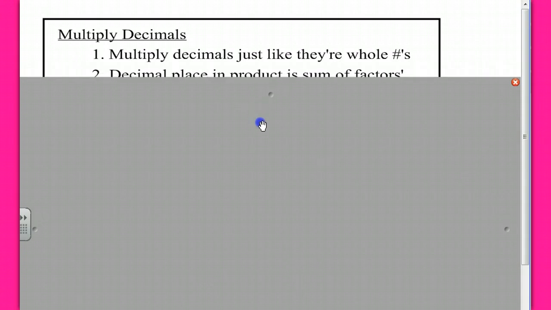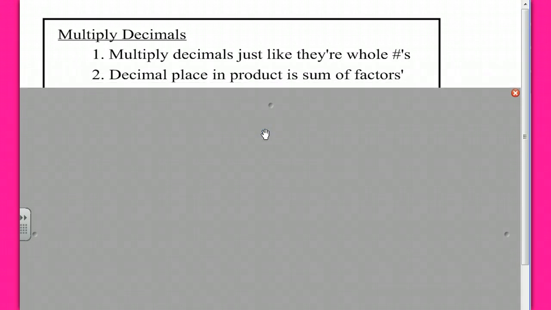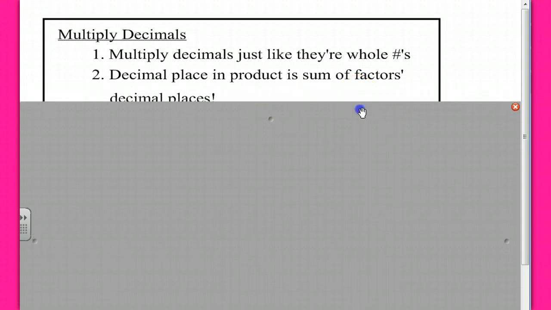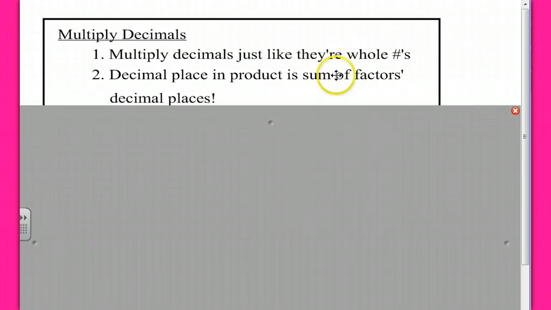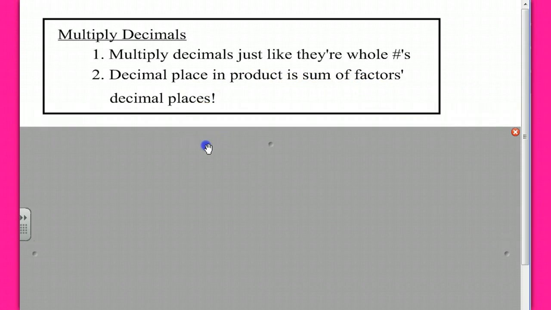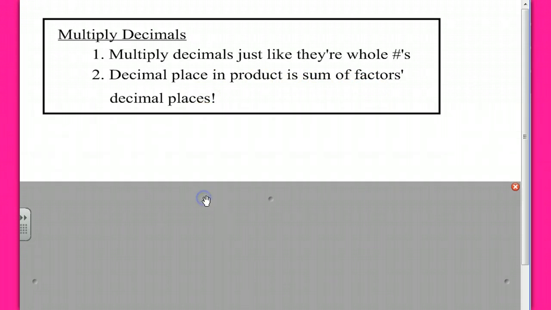Numbers behind the decimal. Very good. So you add the decimal places in the factors, you sum them up, and you place that many decimal places in your product. The decimal places in the product are the sum of the factors' decimal places. And that's it. It's just really 2 steps.